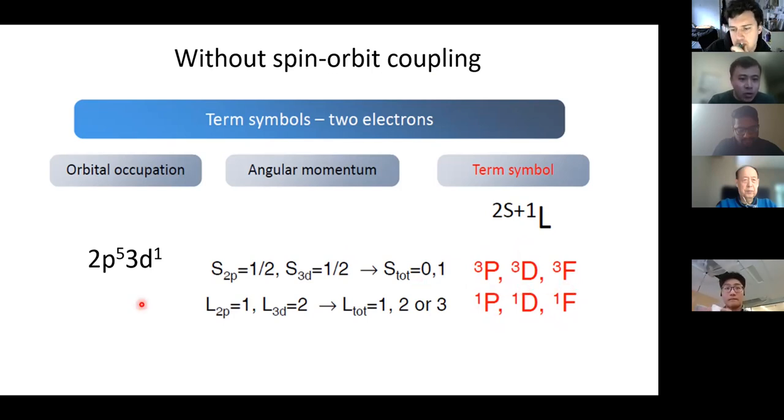I want to have a quick quiz here, so everybody heads up. Among these 6 states, which one has the lowest energy? So this is a test of your knowledge of previous lectures. Yeah, can you type it in the chat? And I'll drink some water. Okay, so Moimina said 3F.